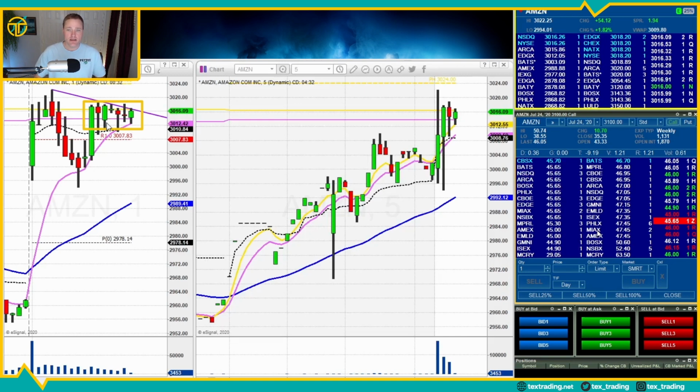You want to see that any move lower is very hesitant. It finds strong buyers. It consolidates, right? And so by consolidating right here, basically it's telling you that there is not a lot of selling interest in the stock. It's holding up over the VWAP, and the buyers are really just getting poised to see a big move higher. And that's what we're looking to play off of here.